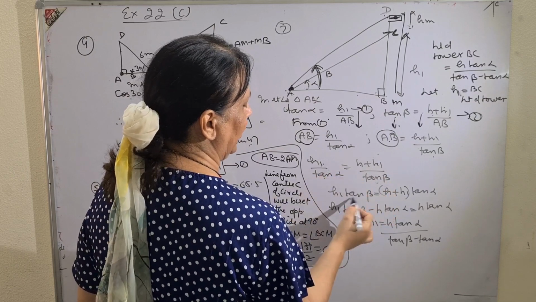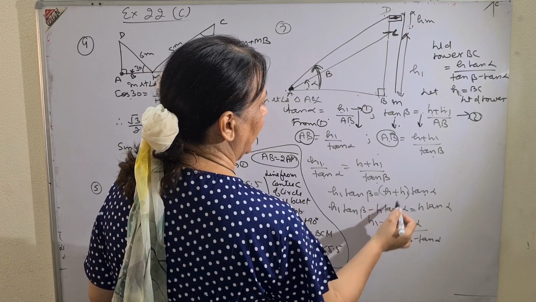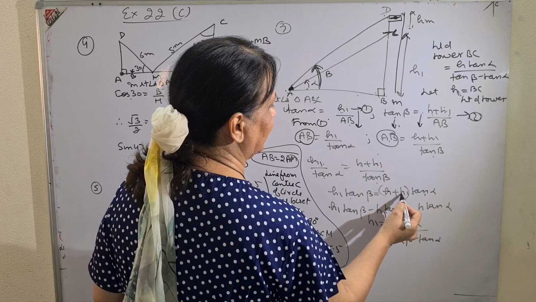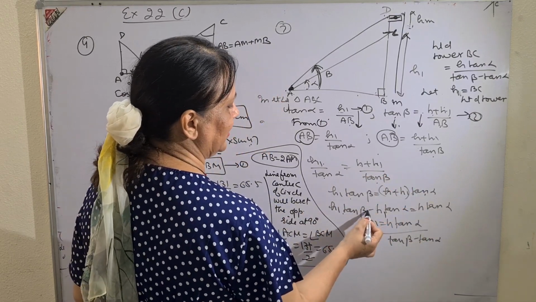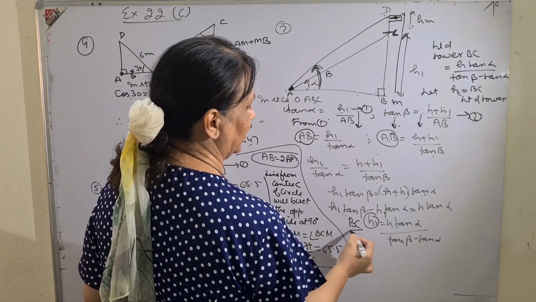Please cross multiply. You get h1 tangent beta equal to h plus h1 tangent alpha. You multiply it, h tangent alpha, h1 tangent alpha, and take h1 tangent alpha to the left hand side, plus becomes minus, take h1 common, and h1 is the height of the tower which I supposed in the beginning.